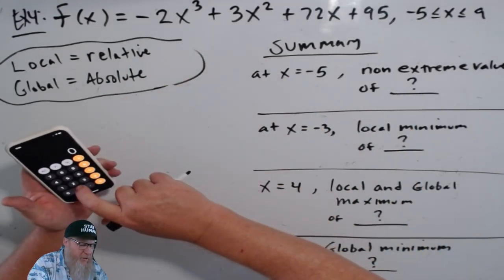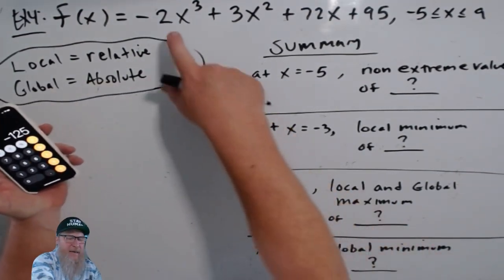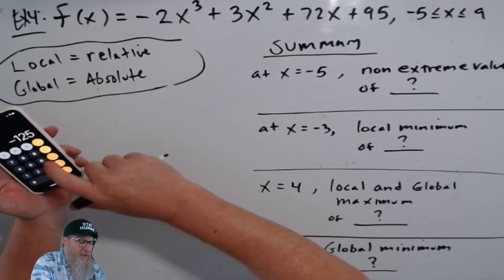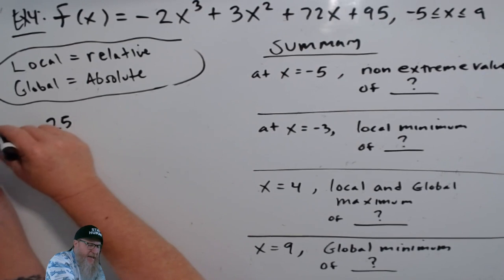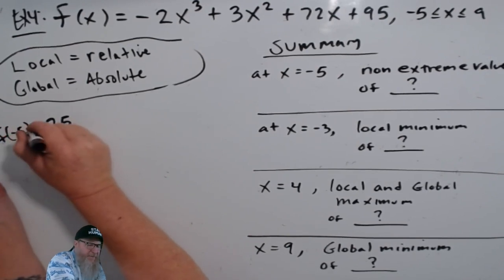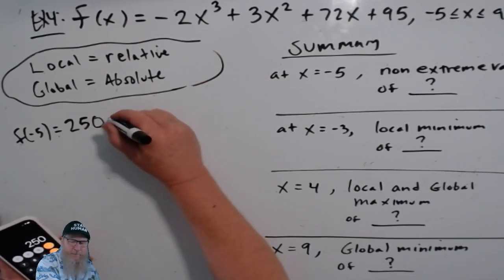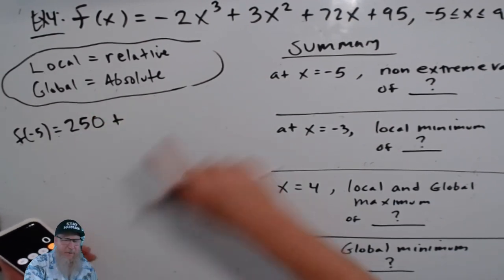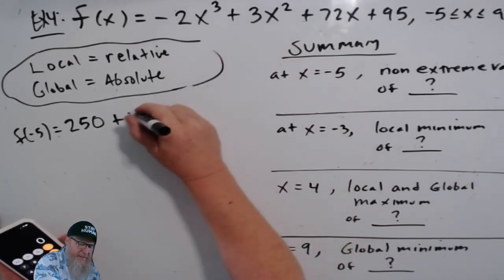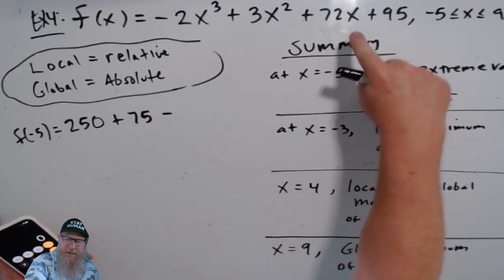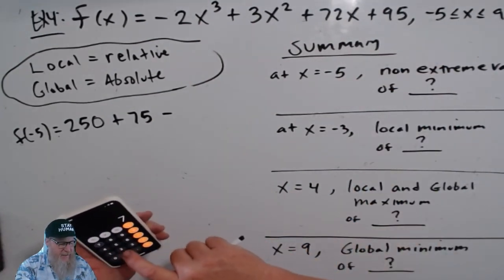Negative 5 cubed is negative 125. So you can just do that part in your head and then multiply by negative 2. You could probably have done all that in your head. So that's f of negative 5. Scratch work over here. So that's 250. Now, most of this I think we can do in our head. So 5 squared is 25 times 3 is 75. 72 times 5. Can you do that in your head?